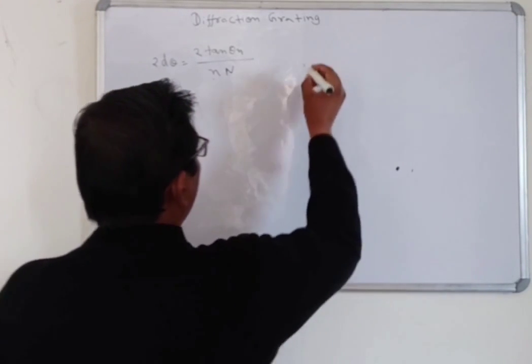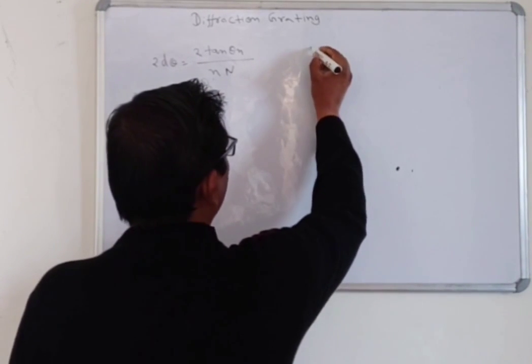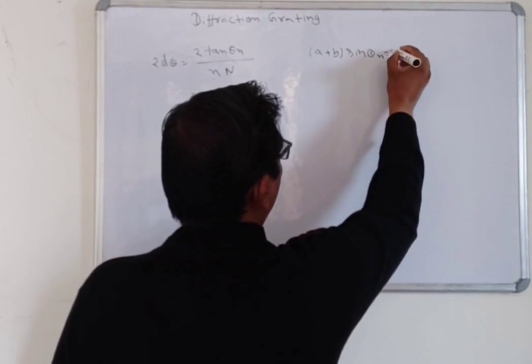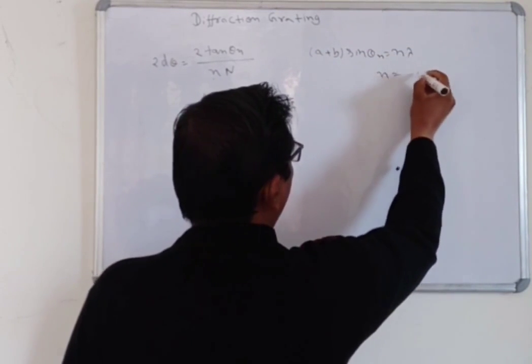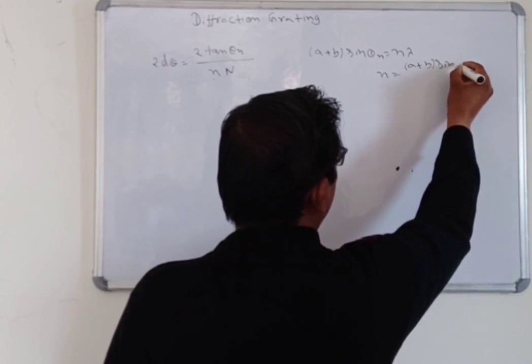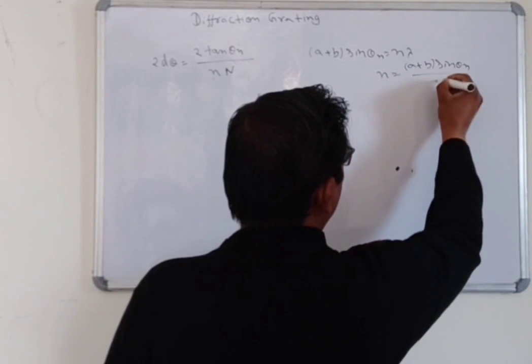And also you know that the condition for diffraction is (a + b) sin θn = nλ, and also we can write that n = (a + b) sin θn / λ.